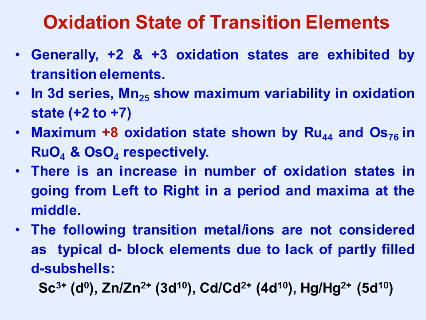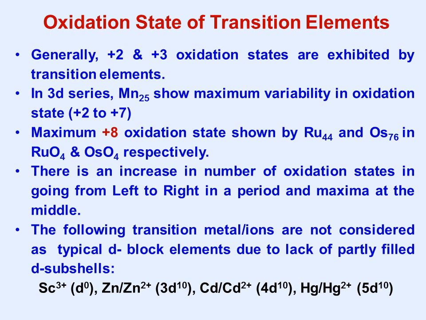In the 3d series, manganese, atomic number 25, shows maximum variability in oxidation state, from +2 to +7, while ruthenium, an element of the 4d series, and osmium, an element of the 5d series, show the highest oxidation state, +8, in their compounds ruthenium tetroxide and osmium tetroxide respectively.